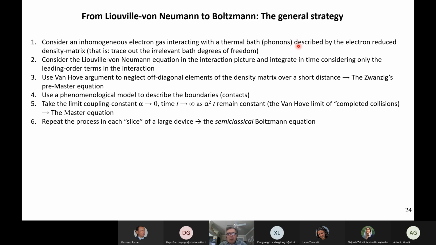Essentially, I will trace out the thermal occupation of phonons, the equilibrium density matrix for the phonons, from my entire density matrix that depends on the electron coordinates and on the phonon coordinates. So I'll get rid of the phonon coordinates by averaging over their equilibrium distribution. This will lead me to consider only what we call the reduced electronic density matrix.